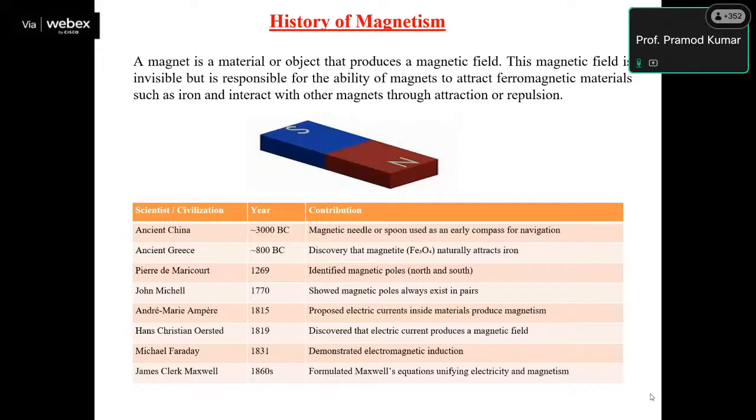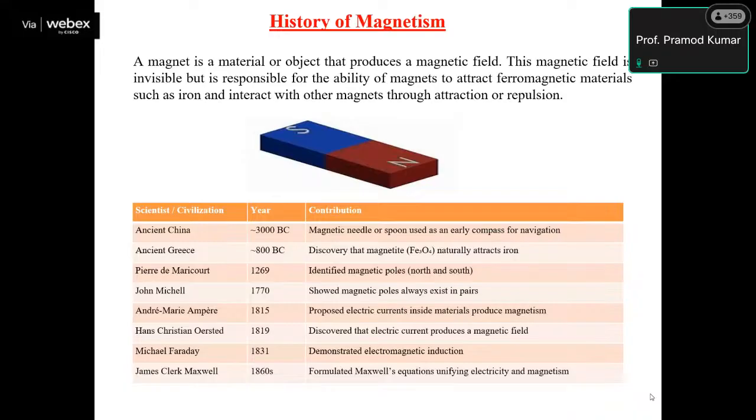Now the question arises: how does magnetic property come in any material? How can we understand how some materials attract other materials, how some repel, and how some show non-magnetic behavior? These we can understand easily on the atomic level.